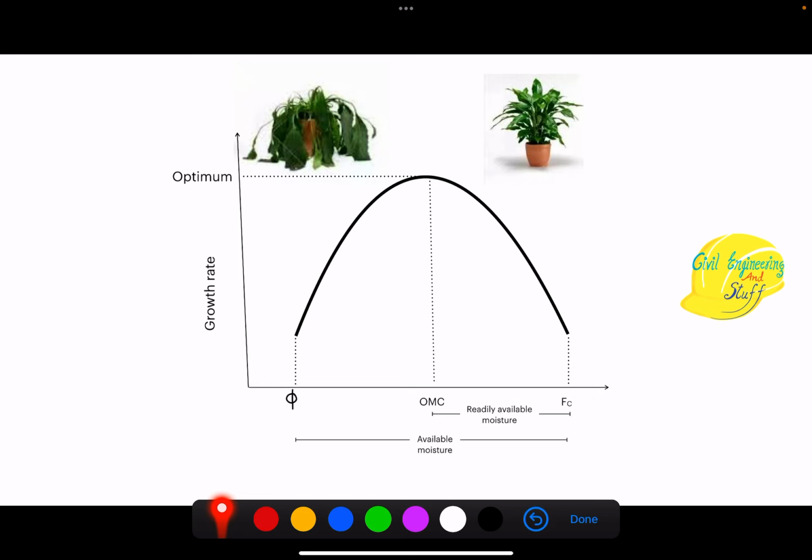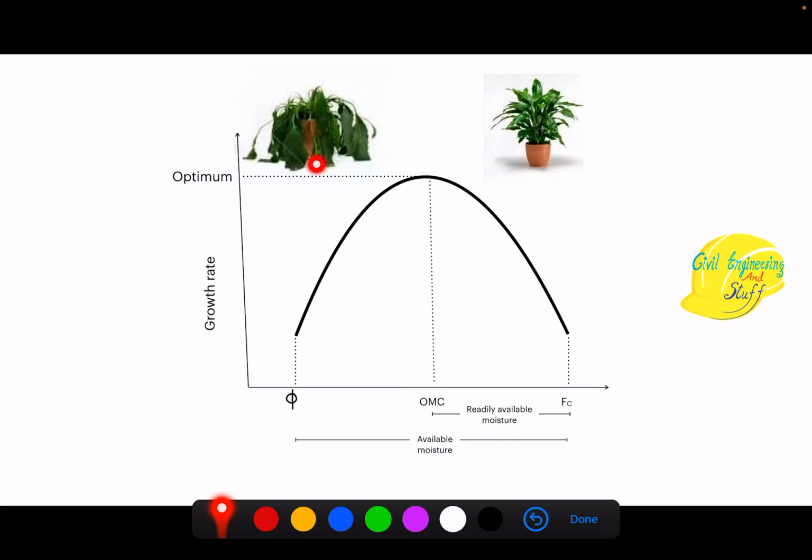You can visualize it by considering the scenario: if you regularly water your plant, then it remains healthy. Now if you skip 2 to 3 days or 4 days or 5 days, you will observe that the plant starts to dry out.